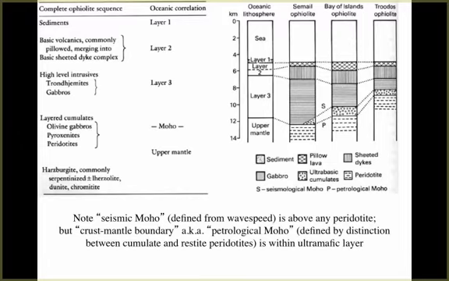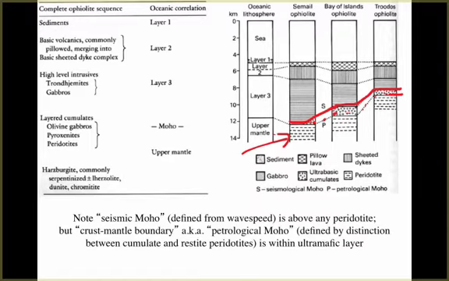We see a difference between a seismologic moho and a petrologic moho. And the difference arises because the densities of the rocks at the base of the oceanic crust are similar enough to the underlying mantle rocks that they're indistinguishable.